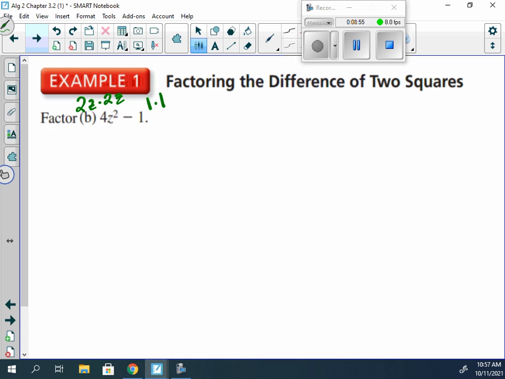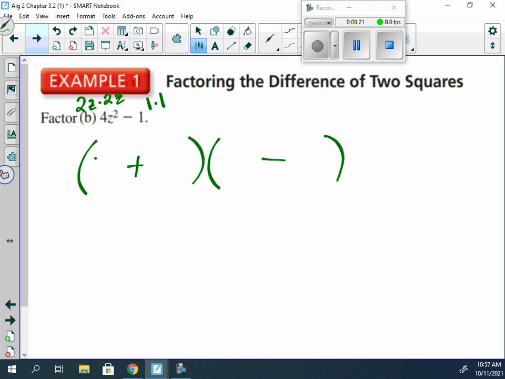So is this the difference of perfect squares? Is 4z squared a perfect square? Yeah, because it's 2z times 2z. Is 1 a perfect square? Yeah, it's 1 times 1. Are they being subtracted? Yeah, so this would be the difference of perfect squares. So the signs would be opposite.